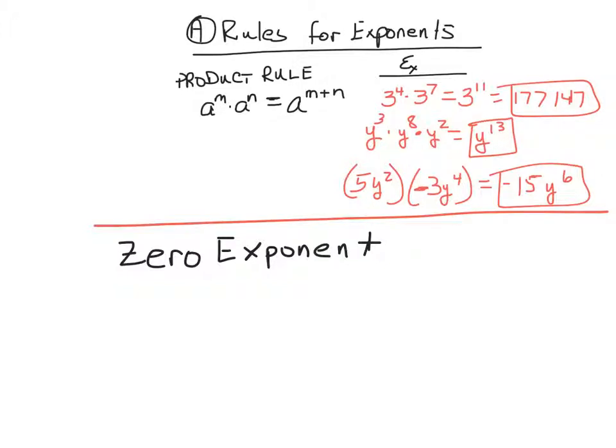If you want to know why, we can talk about it in a little while. But for right now, here's what I'm going to tell you. Any real number raised to the 0 power is equal to 1. The exception of that is 0. 0 to the 0 is not 1. But every other real number to the 0 is equal to 1.